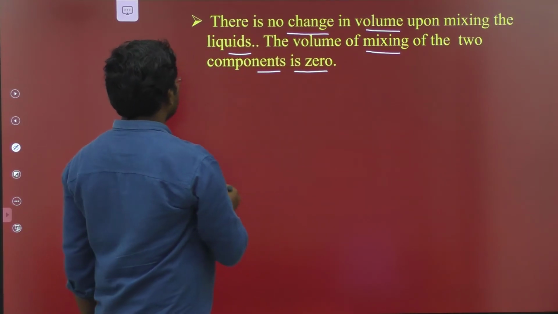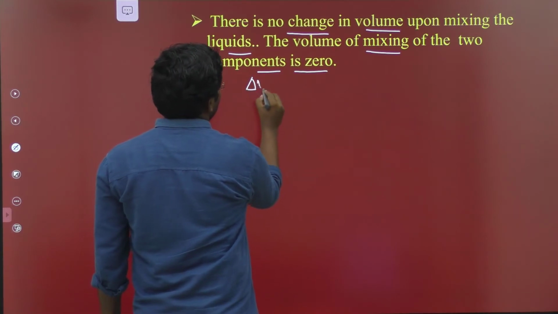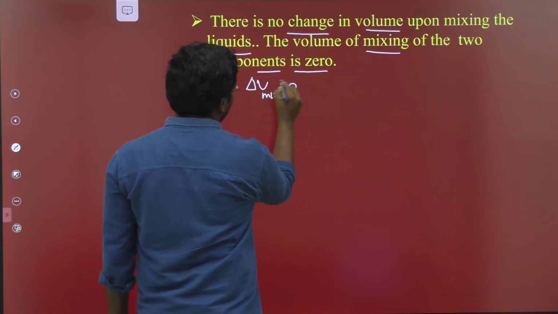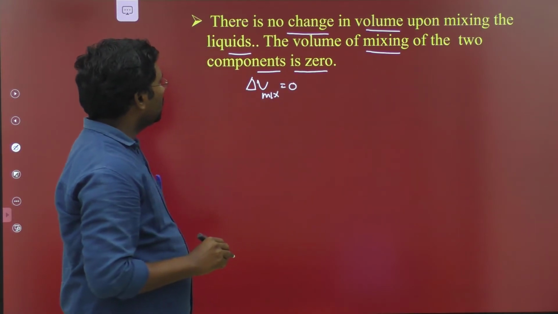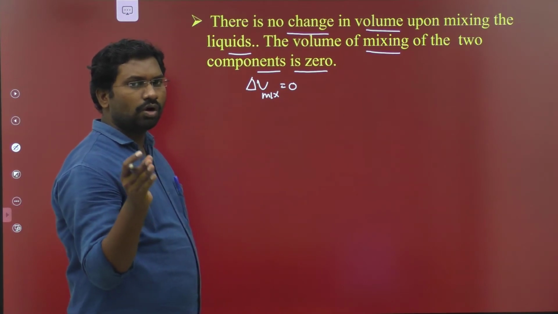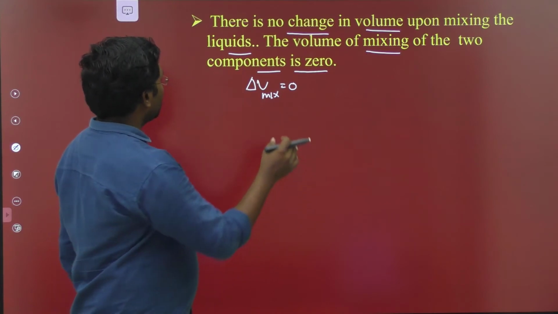So delta V mix is equal to 0. Here delta V mix equal to 0 means the change in the volume of components to form a solution is equal to 0.